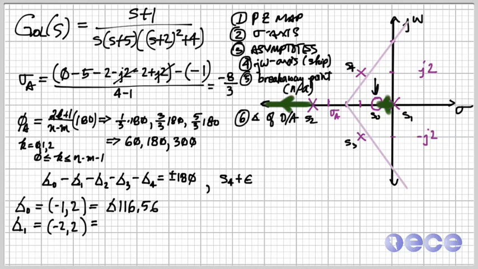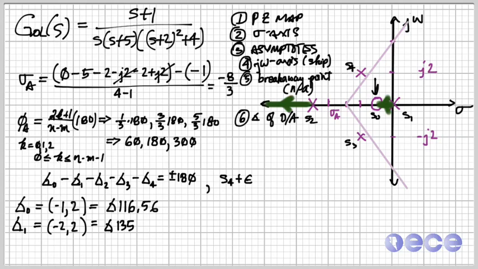You can probably do this one in your head, but the angle is 135 degrees. Remember, we're not measuring the angle this way. We're measuring the angle from the point S1 until we get to S4. So we're measuring this angle, which is 135 degrees.